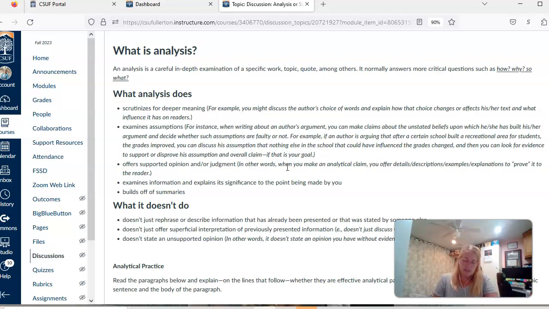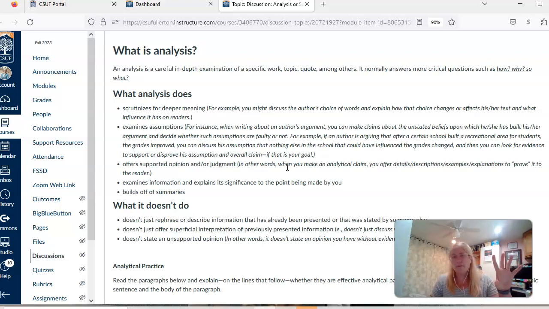So what is really important here is that if you're doing the 2-paragraph method for your annotation, 1/3 to 2/3 will be the summary, and then 1/3 to 2/3, so the other half, will be the analysis.